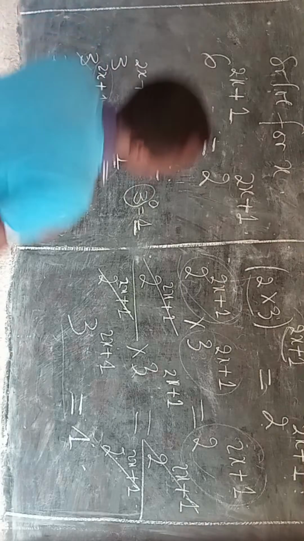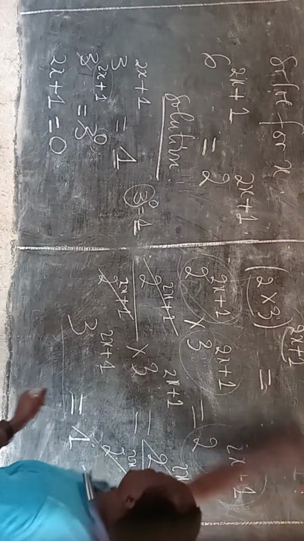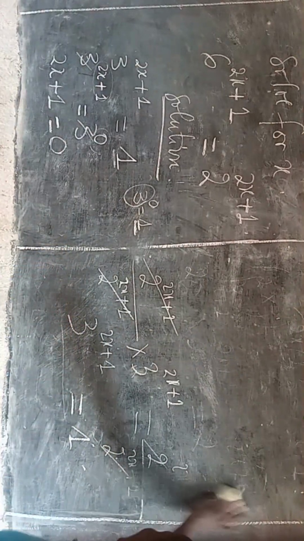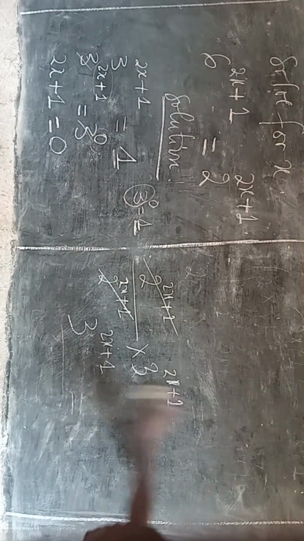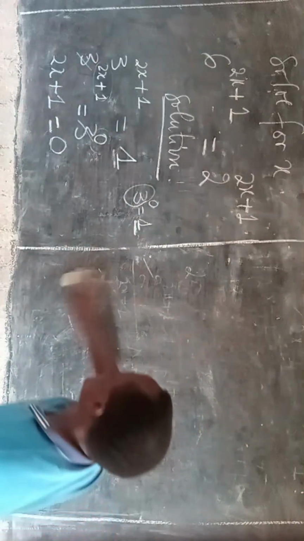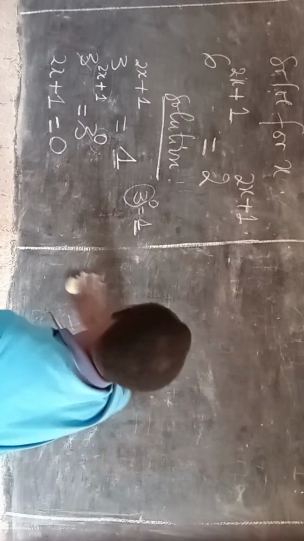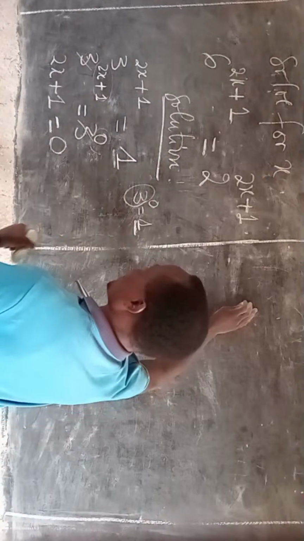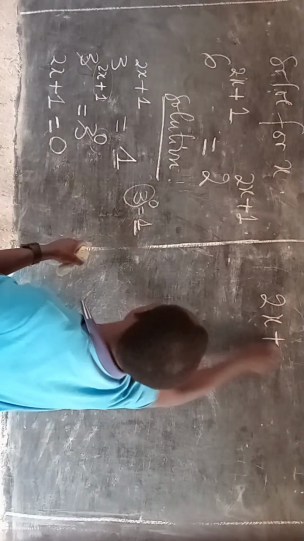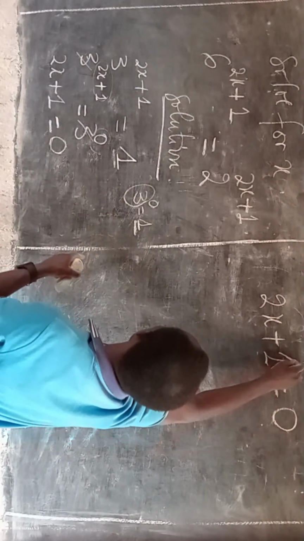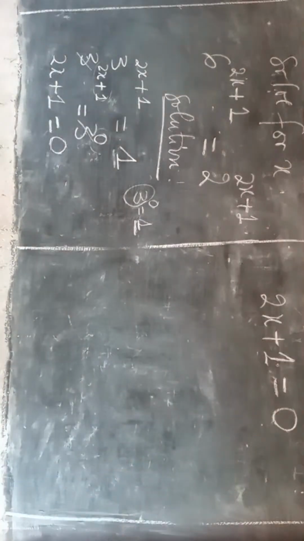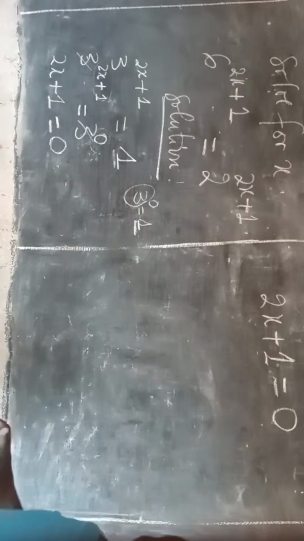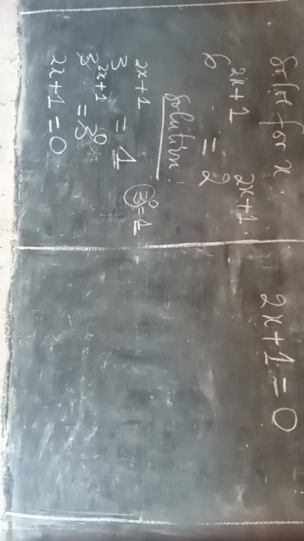Now let us continue by using this side. By using this side, we have 2x plus 1 is equal to 0. Now we are reaching the linear equation. Each one should solve this kind of linear equation. Let us go on.